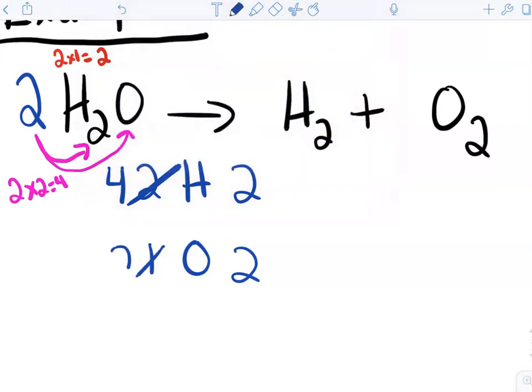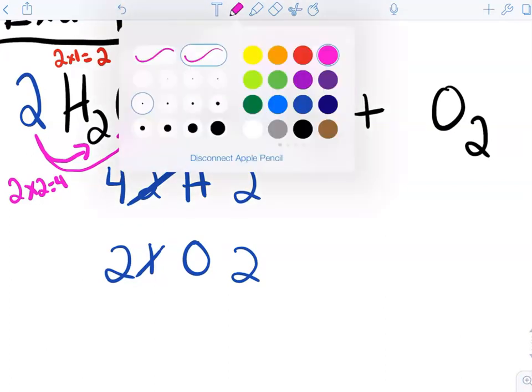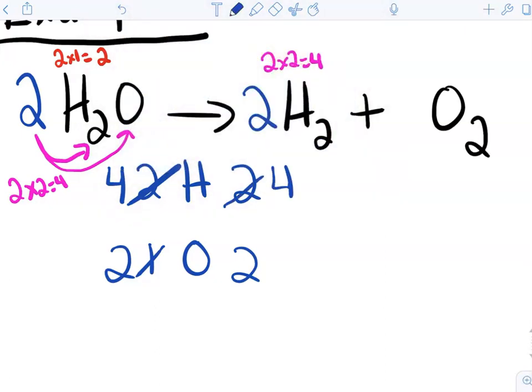So now my oxygens are taken care of, but I've got to figure out what I could put in front of this H2 to make it 4. Well, I can put a 2, and then 2 times 2 equals 4. And so now we are balanced.